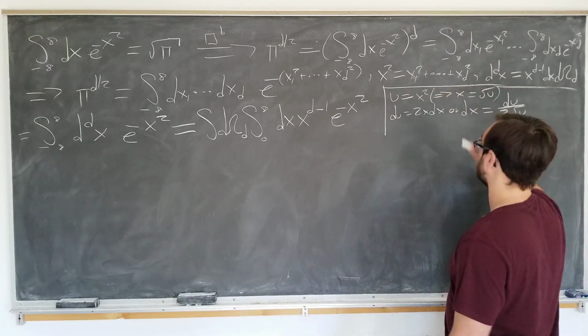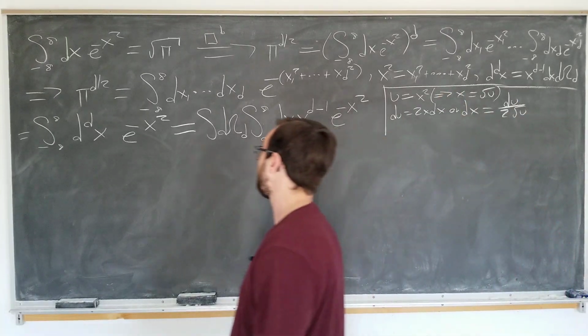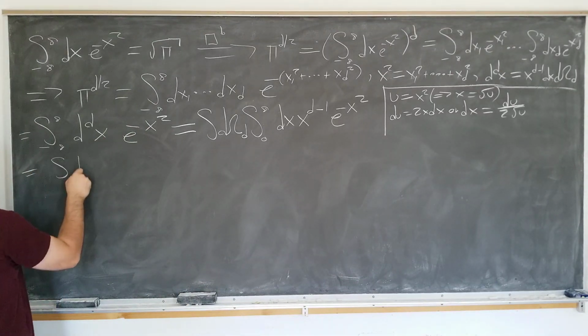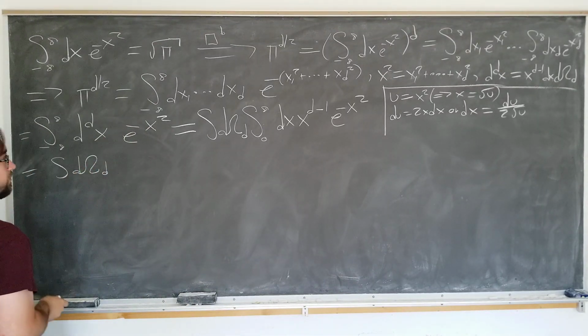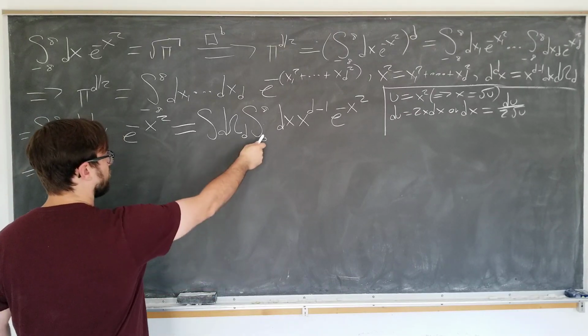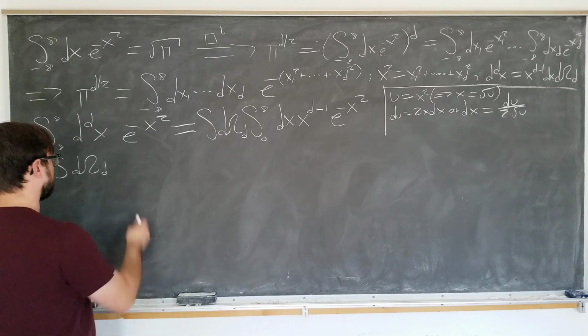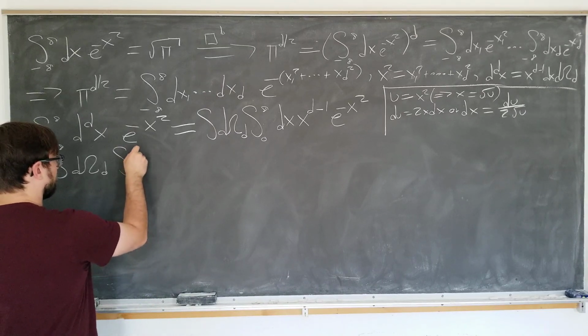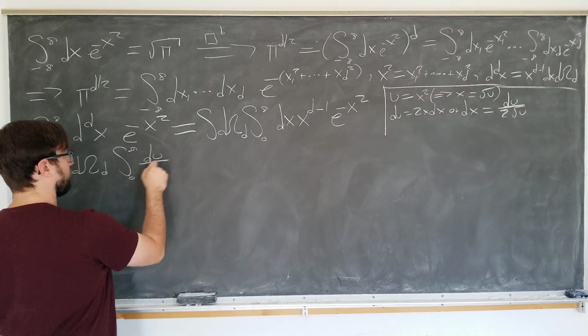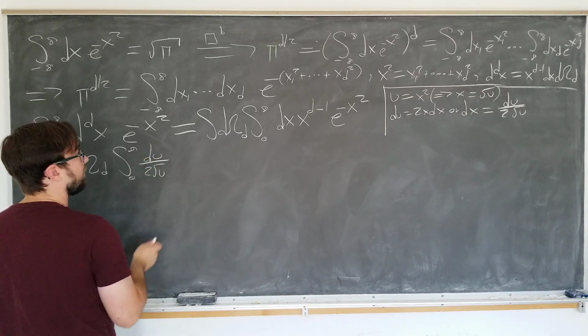And this is just an aside. We can keep going. The limits are not going to change in this u substitution. 0 squared is 0. Infinity squared is still infinity. So we're going to have 0 to infinity of du over 2 square roots of u.